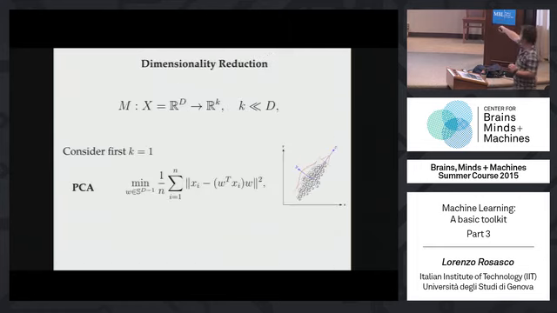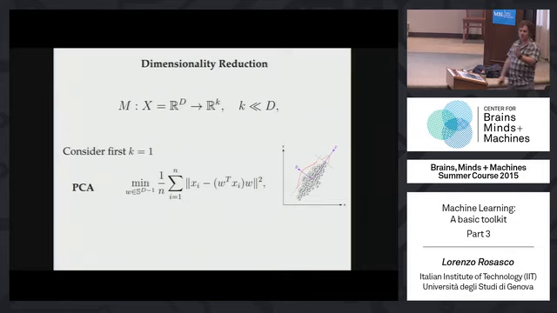So suppose that w is a direction, and I have a vector x, and I want to build the projection. I take the inner product of x and w, and this is the length I have to assign to w. So this is the best approximation of x in the direction of w. Does it make sense?